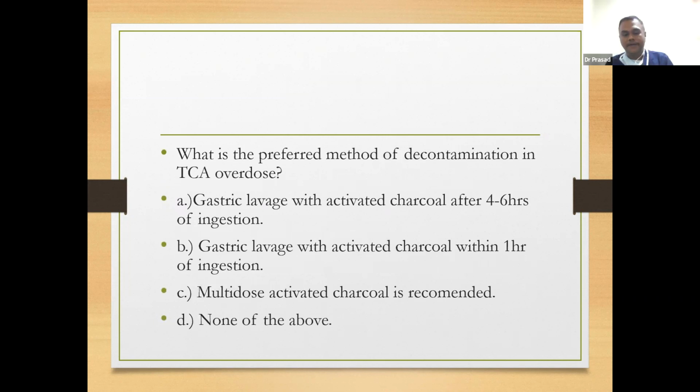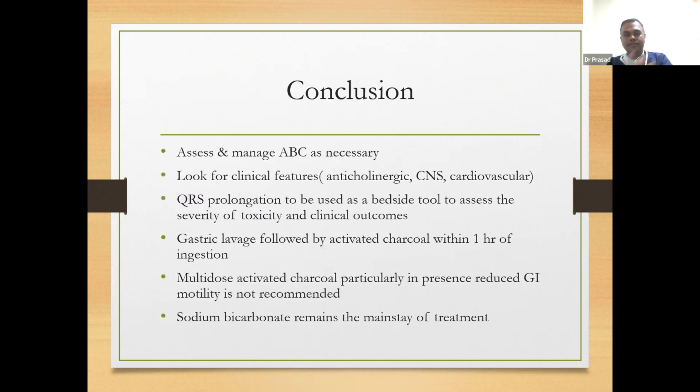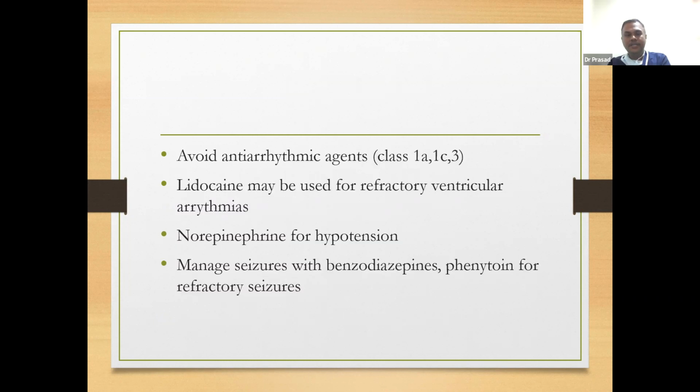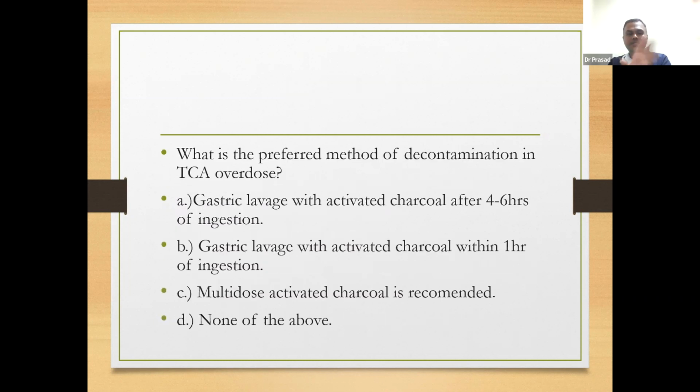So, as we have also summarized the anticholinergic effects, a small question on TCA overdose. What is the preferred method of decontamination in TCA overdose? A. Gastric lavage with activated charcoal after 4 to 6 hours of ingestion.